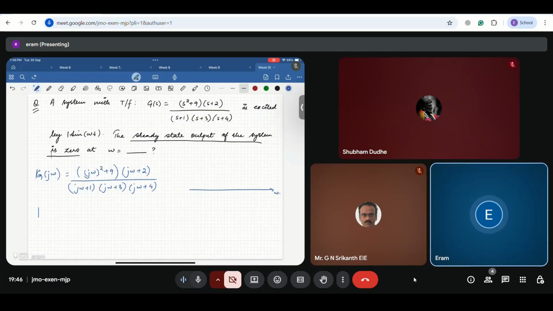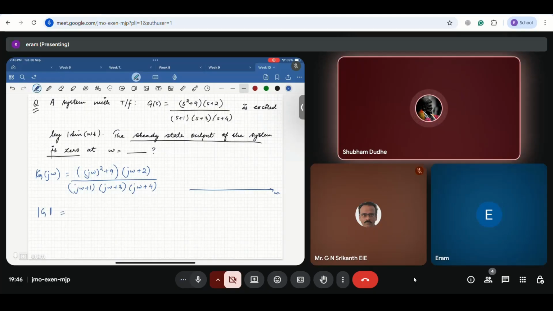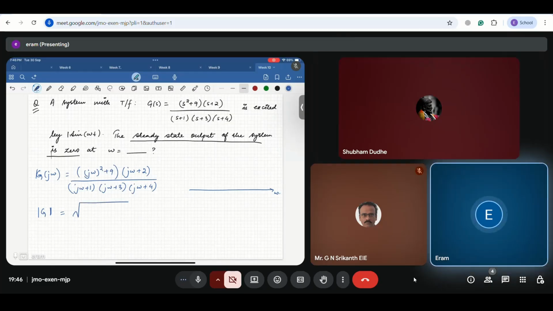And what will be the magnitude then? It will be under root of, under root of j omega square plus 9. That's the twist here.